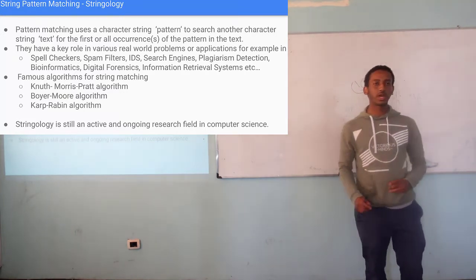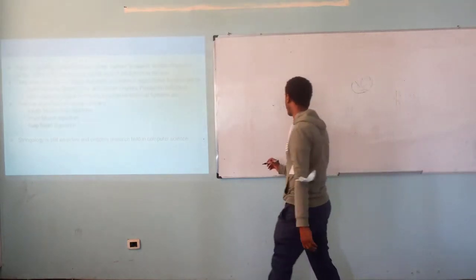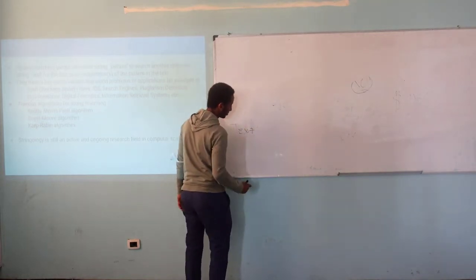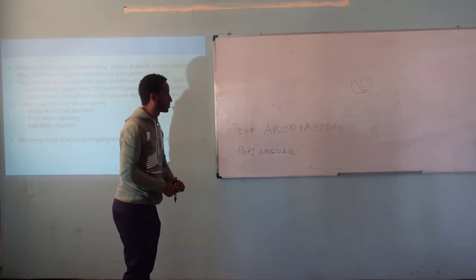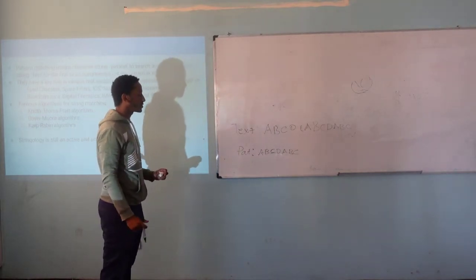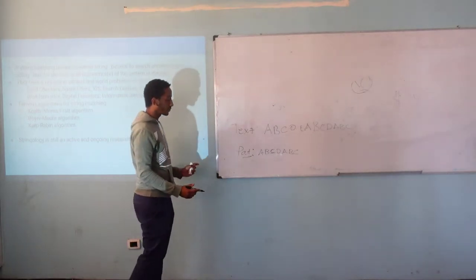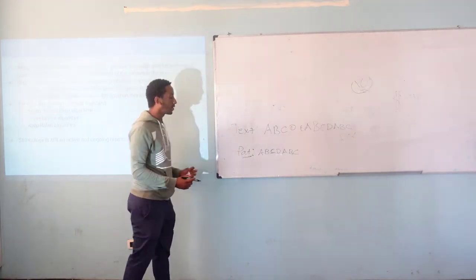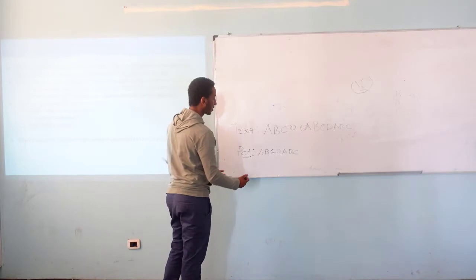So I will talk about it at a high level. Let's say we have a text. In KMP, when we are given a pattern, we first try to find the maximum prefix that is also a suffix within the pattern.